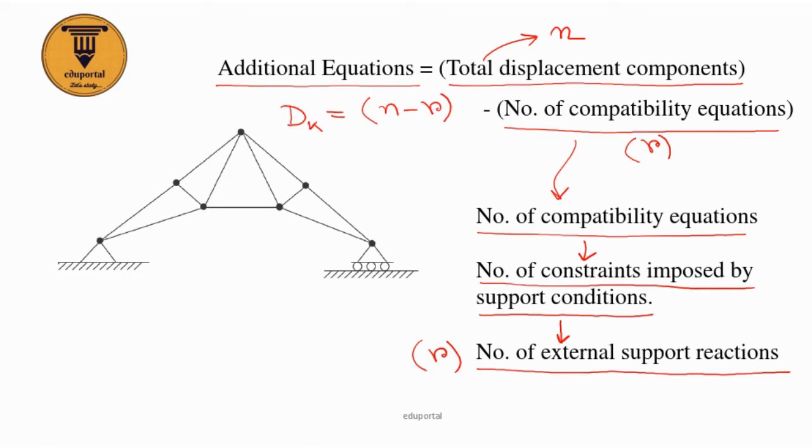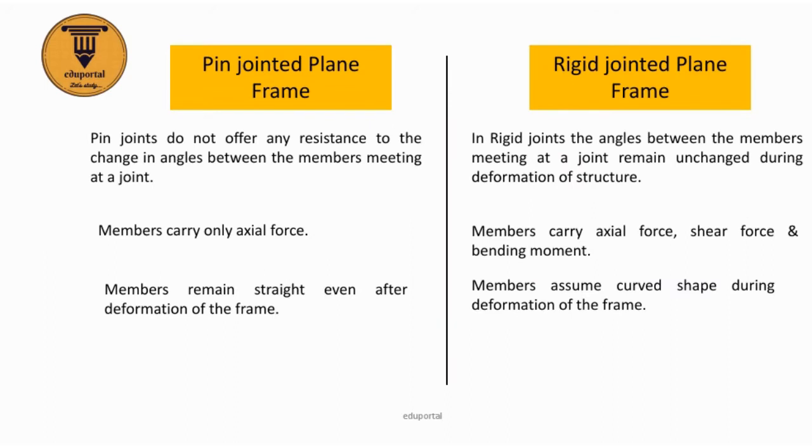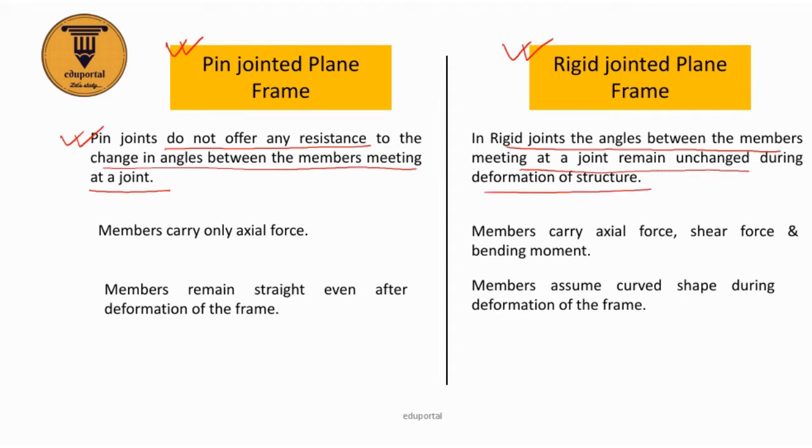Now we will study the difference between a pin jointed plane frame and a rigid jointed plane frame. Pin joints do not offer any resistance to change in angles between the members meeting at a joint, but in case of rigid joints the angle between the members meeting at a joint remains unchanged during the deformation of the structure.